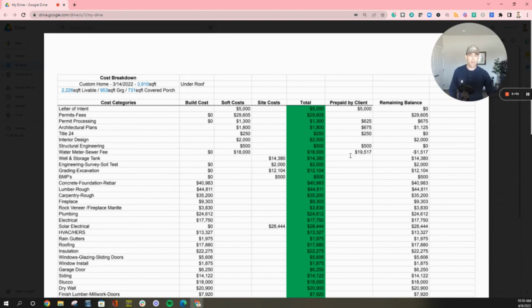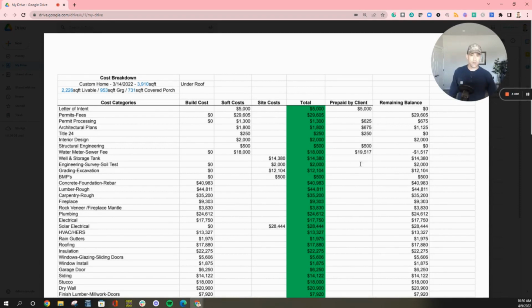What ends up happening is these are what the bank would call prepaids. These prepaids can get counted towards your down payment. So if you had 20% down, say it was $100,000, or $200,000 you had to put down on a property, they will say you paid $50,000 in prepaids. They needed that $200,000 down, but they would reduce the amount you actually had to come out of pocket to $150,000 based on the prepaids.